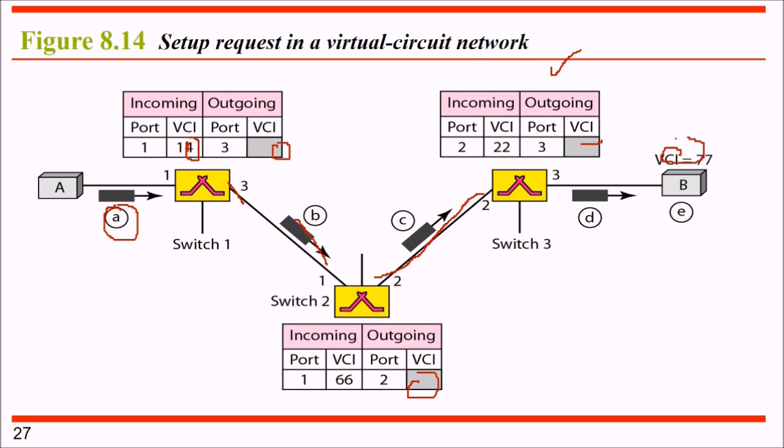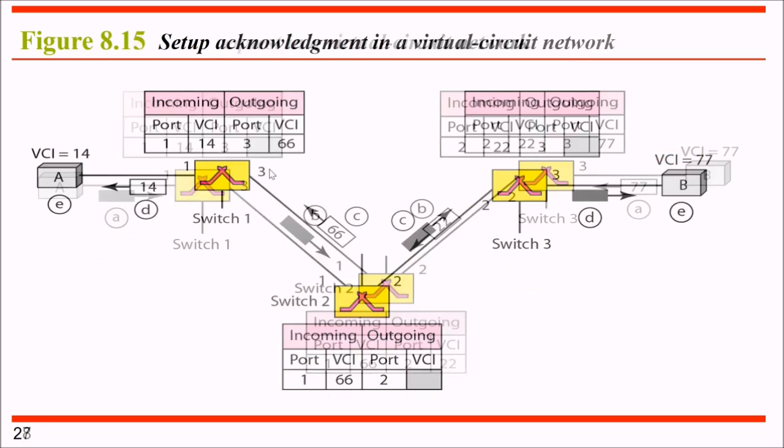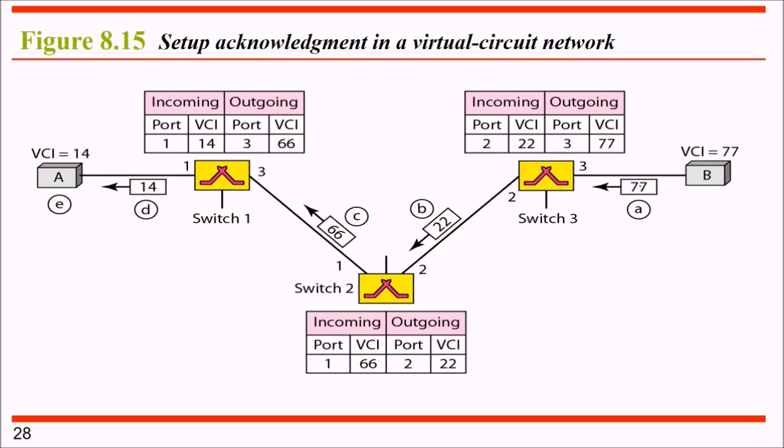And now the VCI is 77. These values will be assigned here, as it has just asked for the setup in a virtual circuit network. So before any communication can commence, there is a setup request. And once this setup has been asked for, there is a setup acknowledgement.